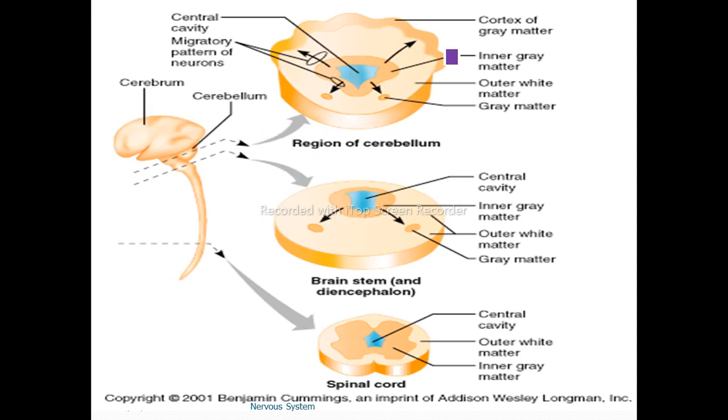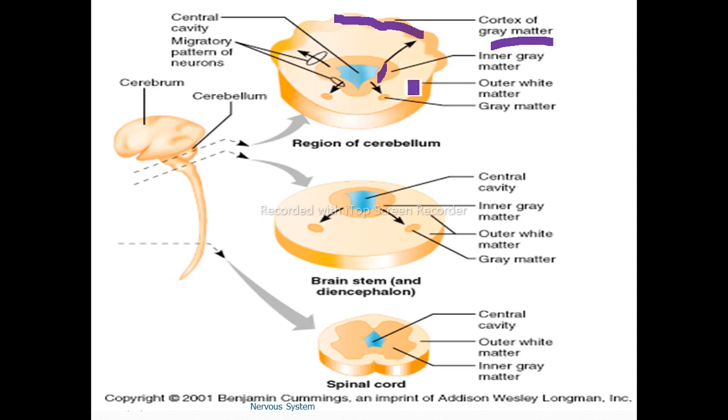This outer area, which seems pink, is known as gray cortex or gray matter. This inner area is also gray matter, but the middle one is considered white matter.